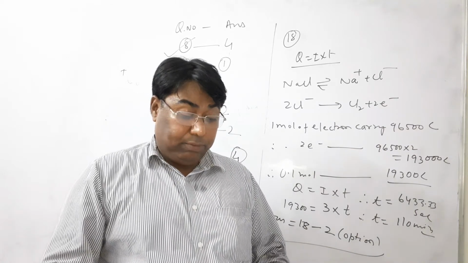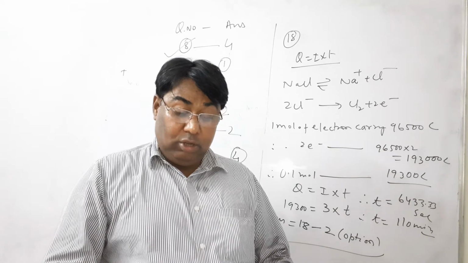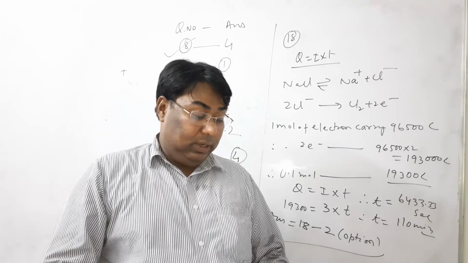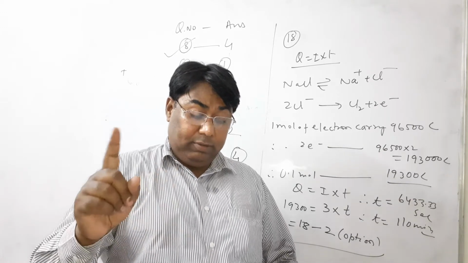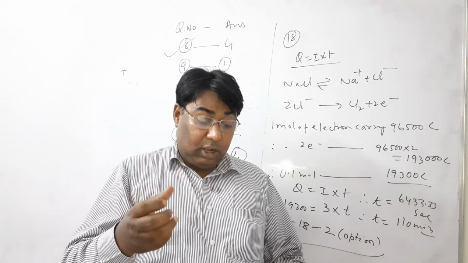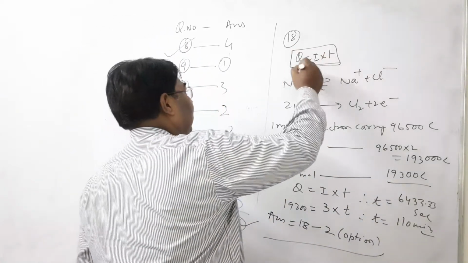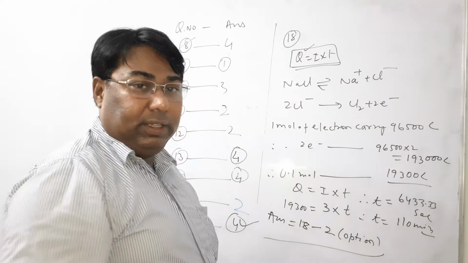During the electrolysis of molten sodium chloride, how much time is required to produce 0.1 mole of chlorine gas using a current of 3 ampere? All of you know Q is equal to I into T, but Q is not given in the question.